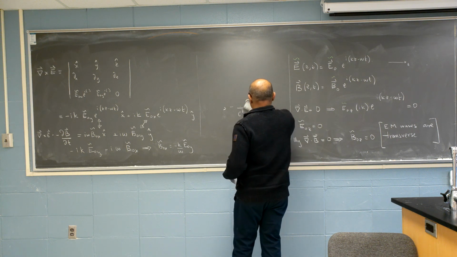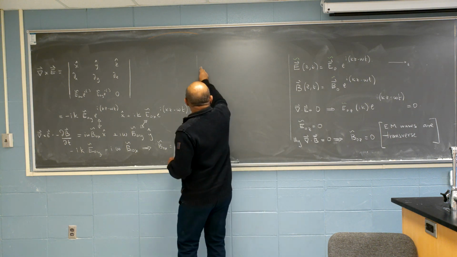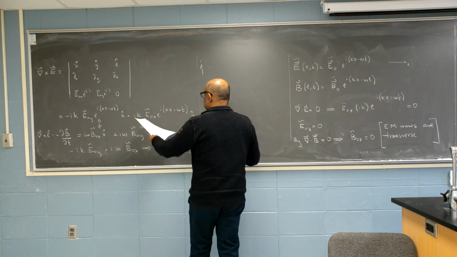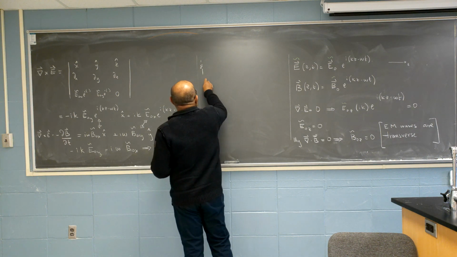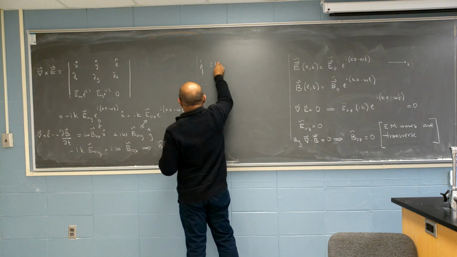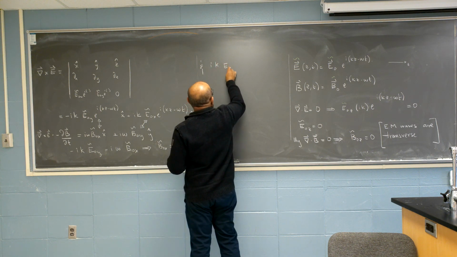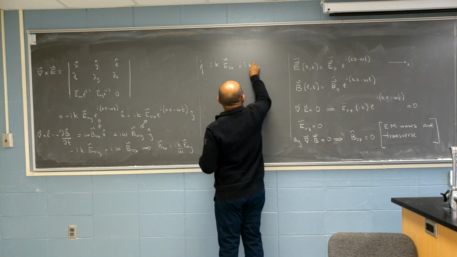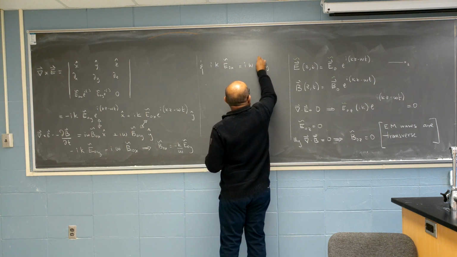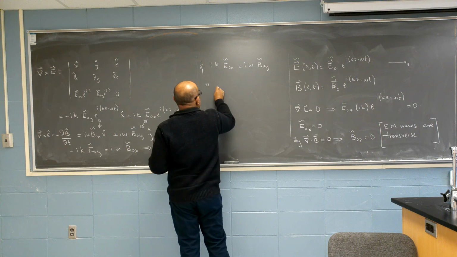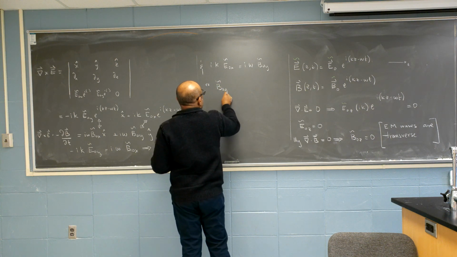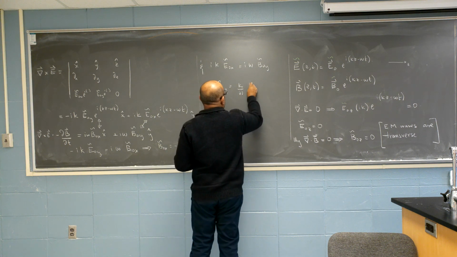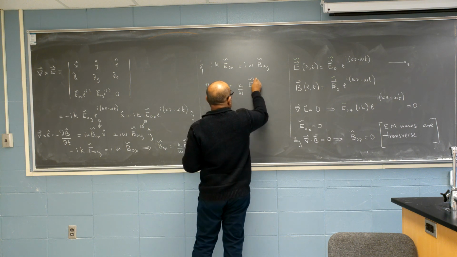And what is it? ik E0x should be equal to i omega B0y, or B0y equals k over omega E0x.